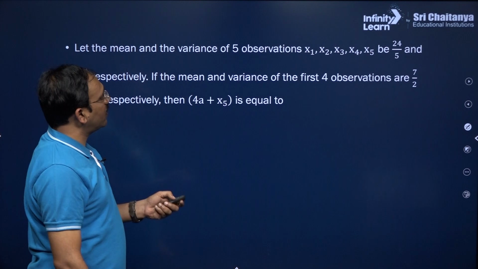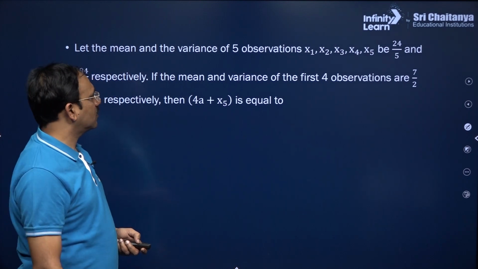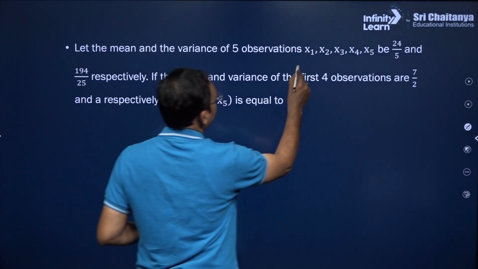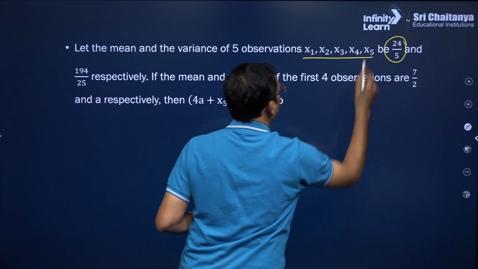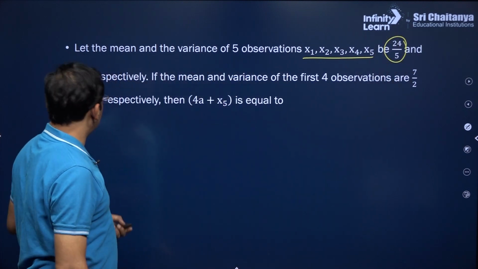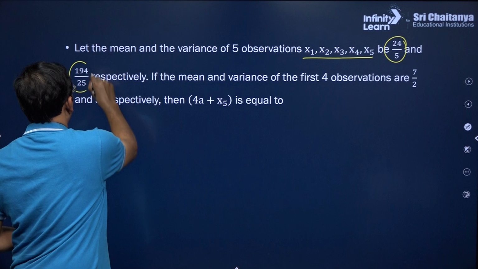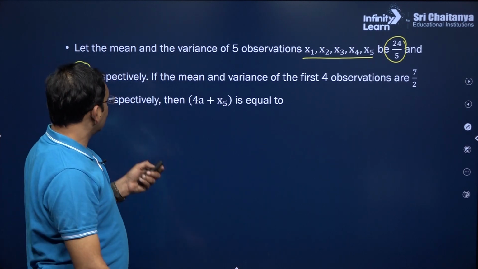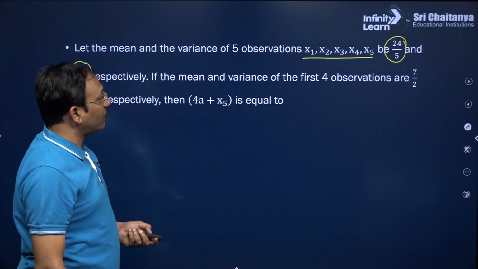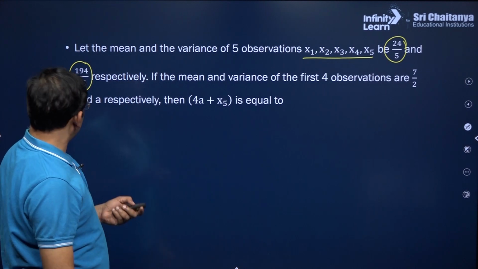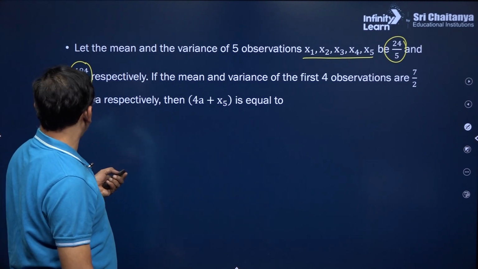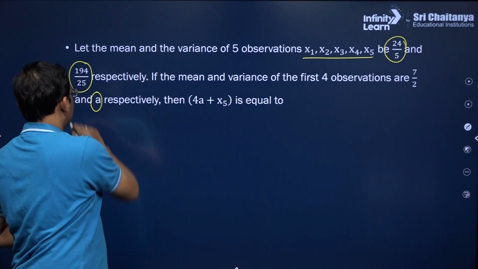The mean and variance of 5 observations: there are 5 observations, the mean is 24 by 5 and the variance is 194 by 25. Then the mean and variance of the first 4 observations are 7 by 2 and a respectively.